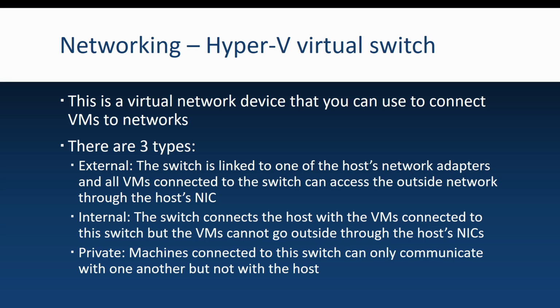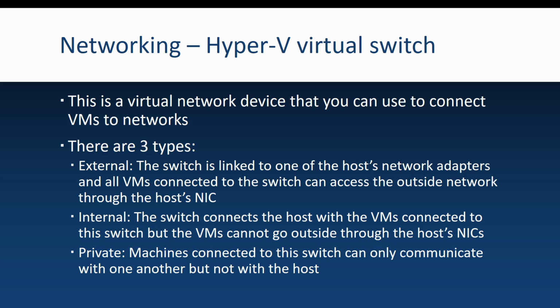And with that said, there are three types of switches. First is the external switch, and this one when you create it, you will link it to one of the host's network adapters, and this permits VMs that are connected to this switch to access the outside network through that network adapter.